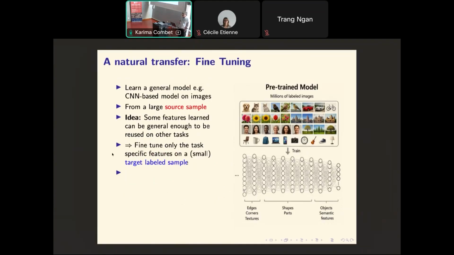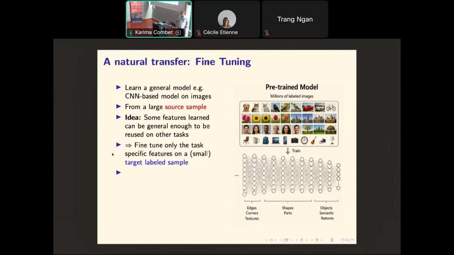If you remember the presentation you had yesterday morning with Christophe, when you have these deep learning models, you learn different levels of features. In the beginning of the model, you learn low-level features that could be general enough to be adapted to many tasks. In the layers near the decision, you have features more specific to the task.